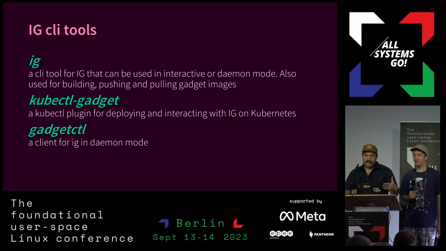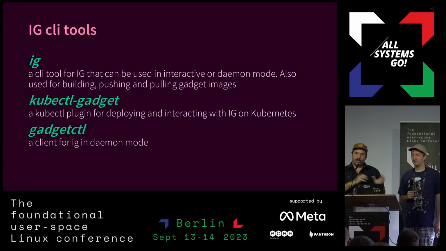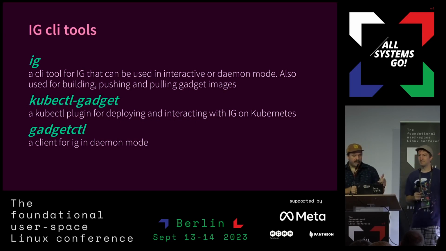And then we have kubectl Gadget. This is just a kubectl plugin, and that takes care of deploying Inspektor Gadget inside of a Kubernetes cluster and the interaction. And Gadget CTL is actually very similar to kubectl Gadget as far as code, but it serves its purpose of communicating with IG when it is in daemon mode.